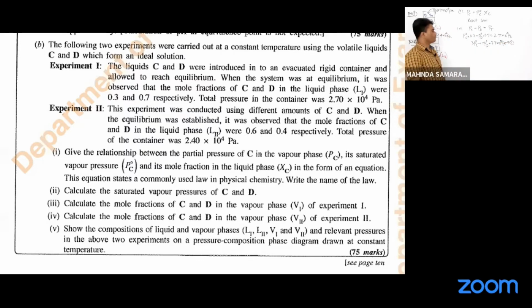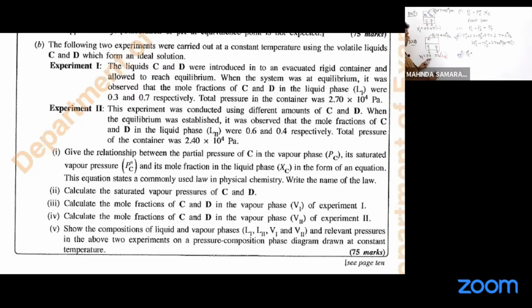Did you get this idea? 3 can be written as 3 over 10, 7 over 10. Then we take the 10 to the other side, it's 10 to the power of 5 now. That's the equation according to experiment 1. Then I take another equation using experiment 2. Again PC is P naught C into XC. P naught C is the same as this value because temperature is constant. That's what I told you.